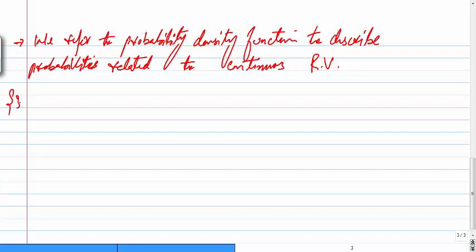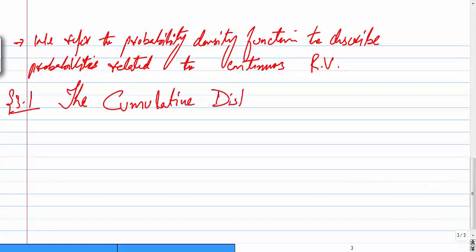Now we look at 3.1, and this is the cumulative distribution function.